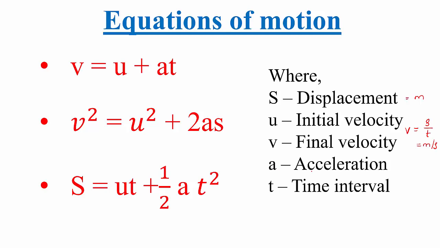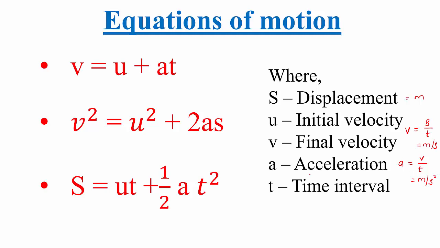Then A indicates acceleration. What is acceleration? When we compare velocity with respect to time, that gives acceleration. Acceleration is given by the equation A equal to V divided by T. That is, rate of change of velocity is called acceleration, and the SI unit of acceleration is meter per second square.